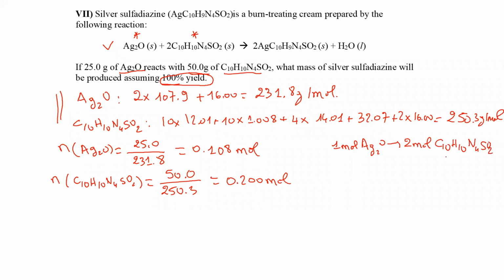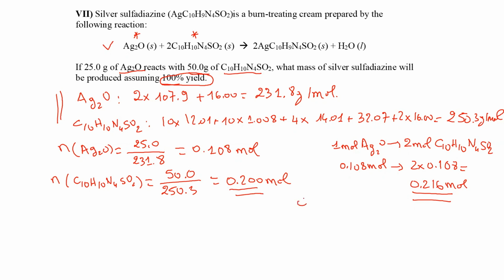Okay, so if I have 0.108 mole, I should be reacting it with 2 times 0.108, which is equal to 0.216 mole. So I need to compare 0.216 to 0.200.